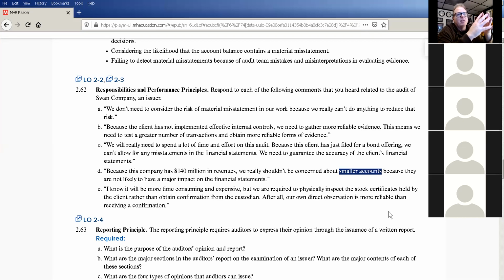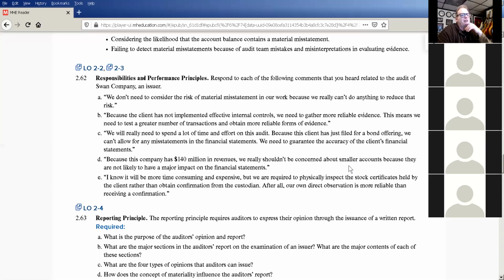And second, they don't want it to appear to be an admission of something. Now, if this said smaller amounts, that would be different. If it's off by a small amount, that's fine. But you have to be careful that it's not an understated account. Okay, E.